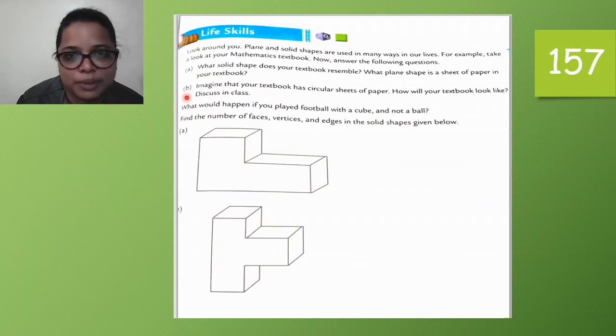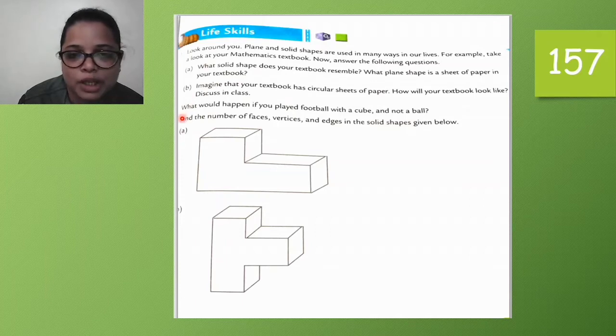There would be no edges and corners, so where to stop? The lines would go round and round. Just close your eyes and imagine how your textbook with circular sheets of paper could be.